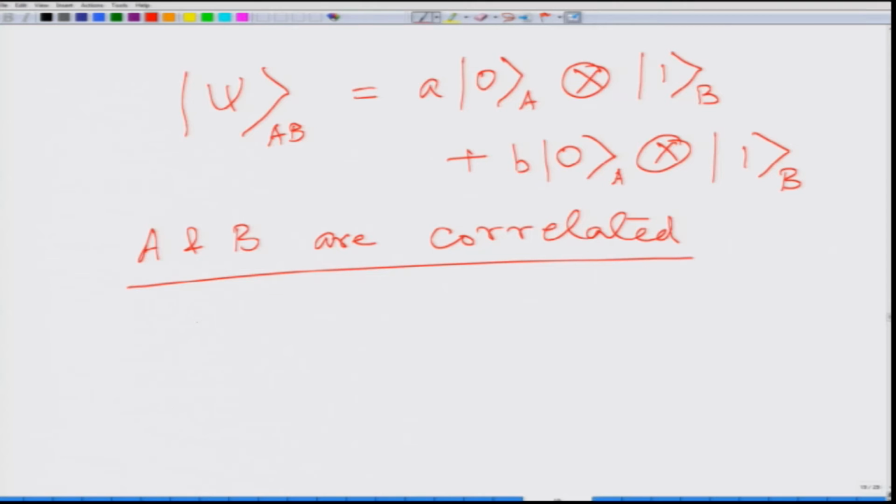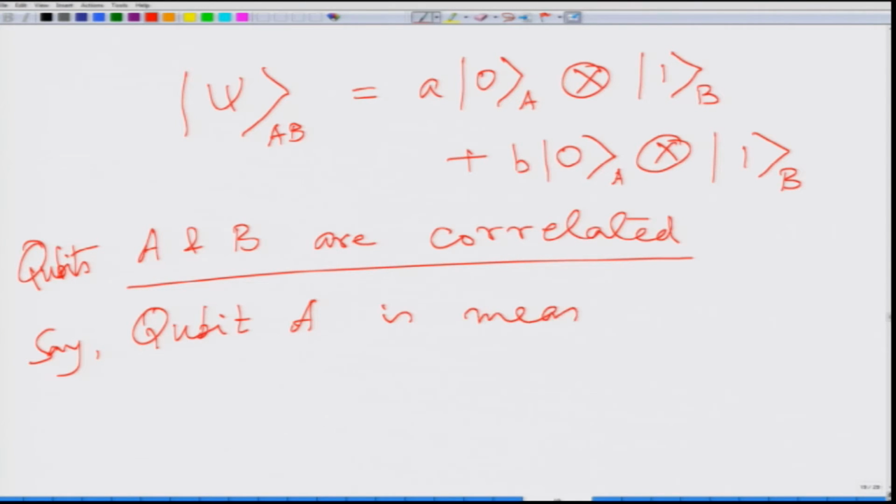So, now if we measure, given this case where the A, B qubits are correlated, say qubit A is measured. When you want to measure qubit A, what will happen?